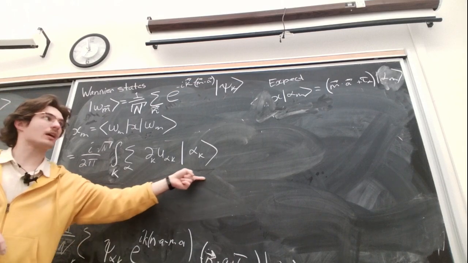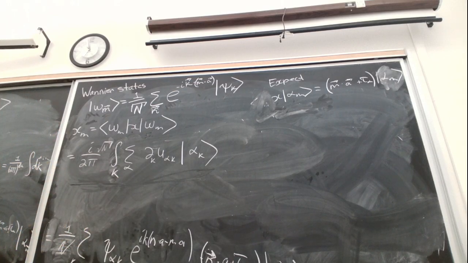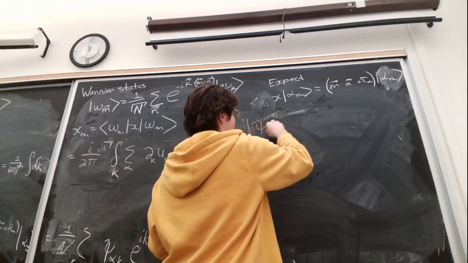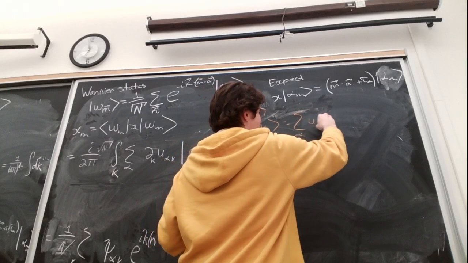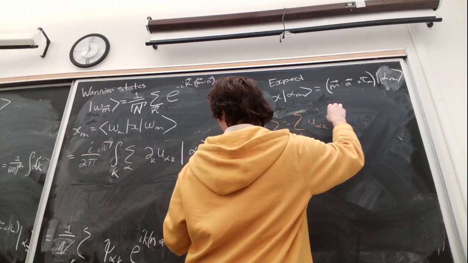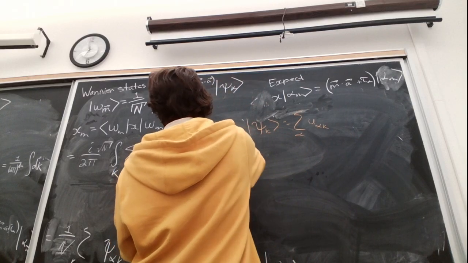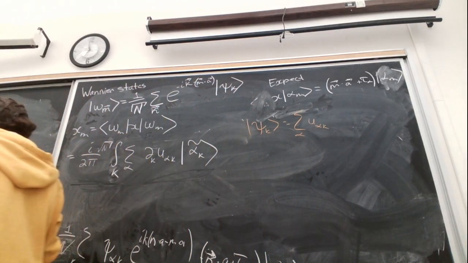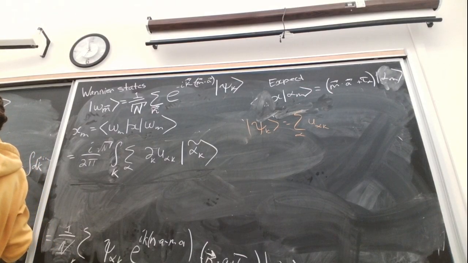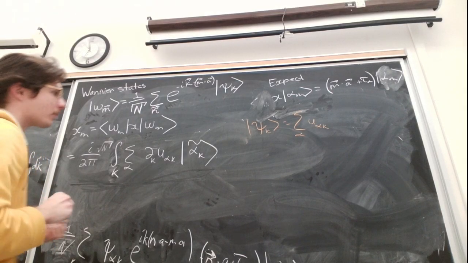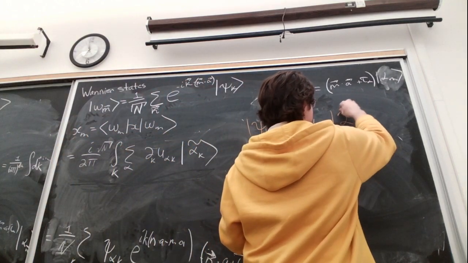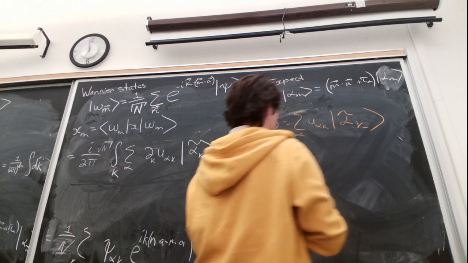That's just this state. And so what I could do now is plug in the other state, and the other state I can write in terms of the u alpha k's. So remember we had psi k was sum over alpha u alpha k's. Whoops, sorry, this should have a twiddle over it.